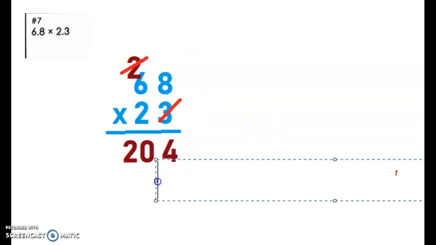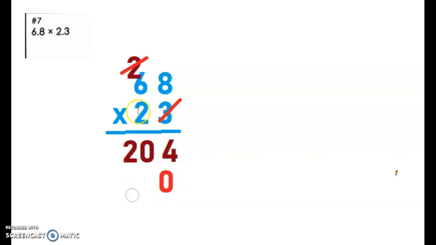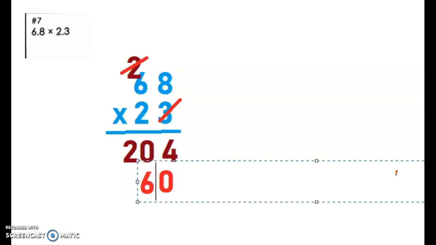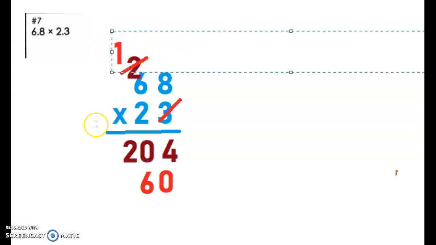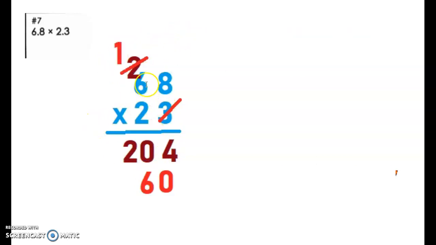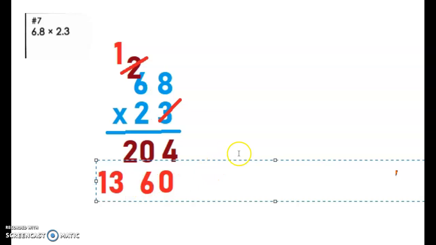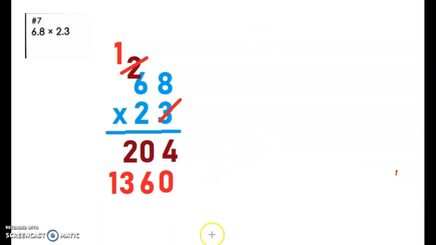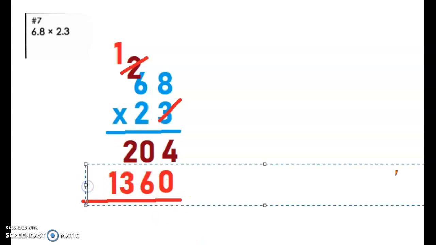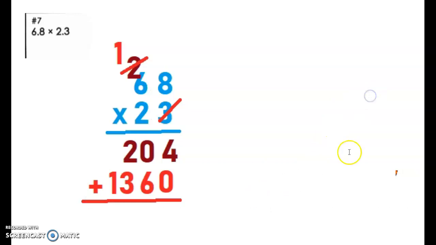All right, so now I need to add my placeholder because I'm multiplying into the tens place now. So 2 times 8 equals 16. Carry my 1. 2 times 6 is 12, plus 1 is 13. Now I'm here, and now I just need to add. And that is how we do this.